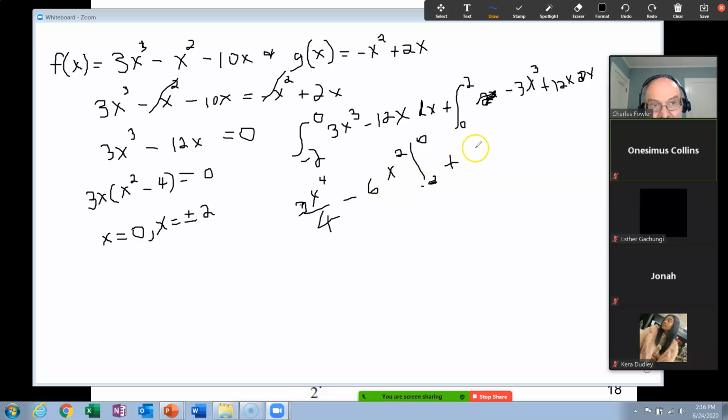That would be minus 3/4 x to the 4th. My pen jumped way over there. Okay, 3/4 x to the 4th plus 6x squared, and this one is evaluated from 0 to 2.